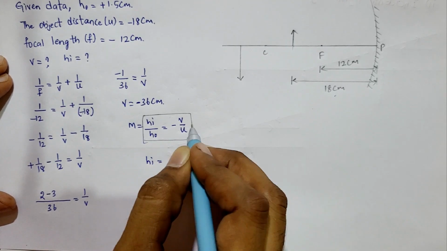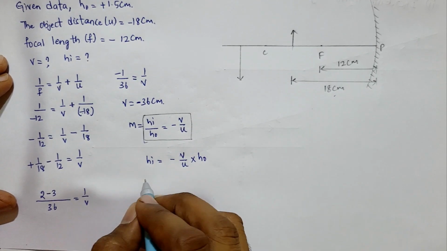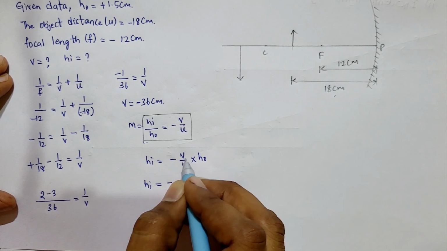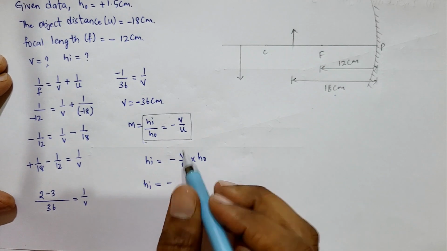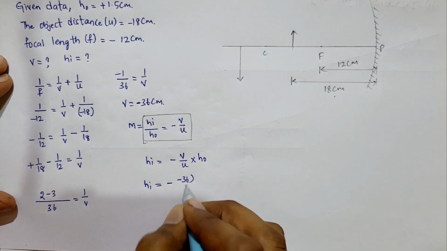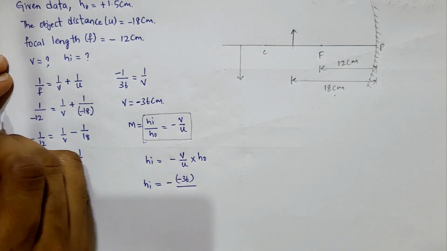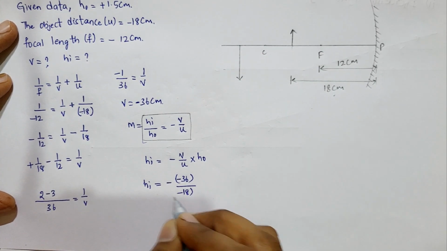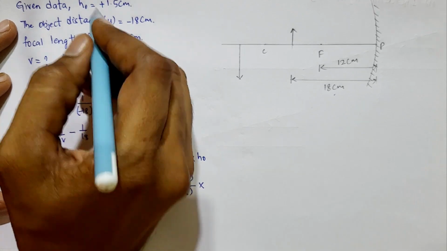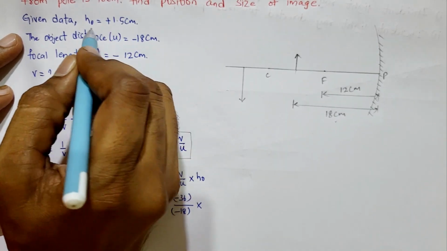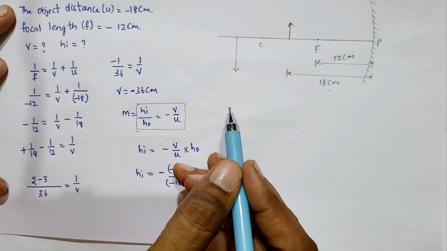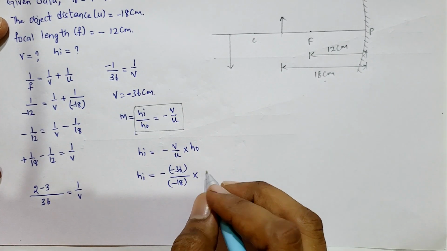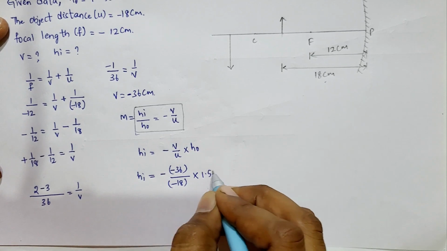This height of object I will send to that side. So height of image is equal to minus v by u into height of object. How much did we get v? We got v as minus 36, divided by u. How much is given as u? Minus 18. So minus 18 into height of object. Height of object is given as plus 1.5 centimeters.